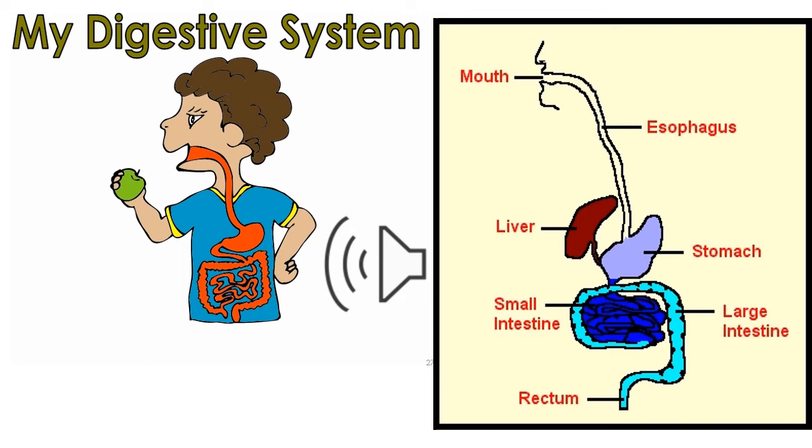So now you can understand digested food is absorbed in the small intestine, and then food goes to the large intestine. No digestion takes place in the large intestine. Only water is absorbed here, and then undigested food goes to the rectum, and through the anus it is thrown outside.